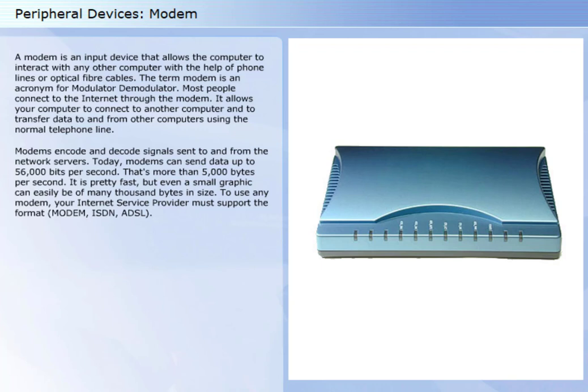That's more than 5,000 bytes per second. It is pretty fast, but even a small graphic can easily be of many thousand bytes in size. To use any modem, your internet service provider must support the format: modem, ISDN, ADSL.